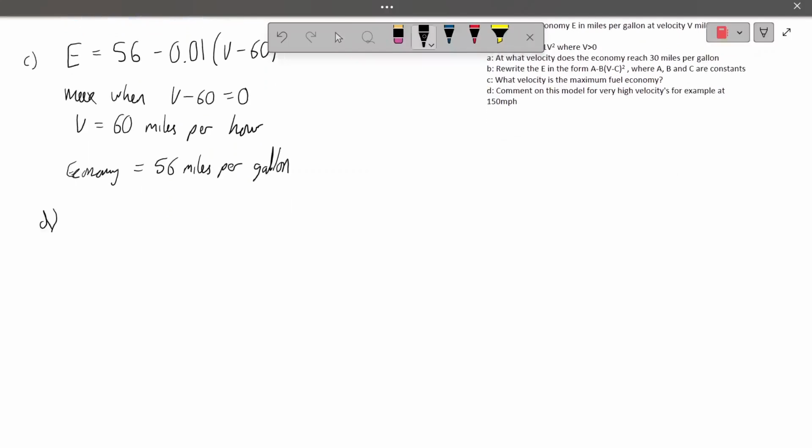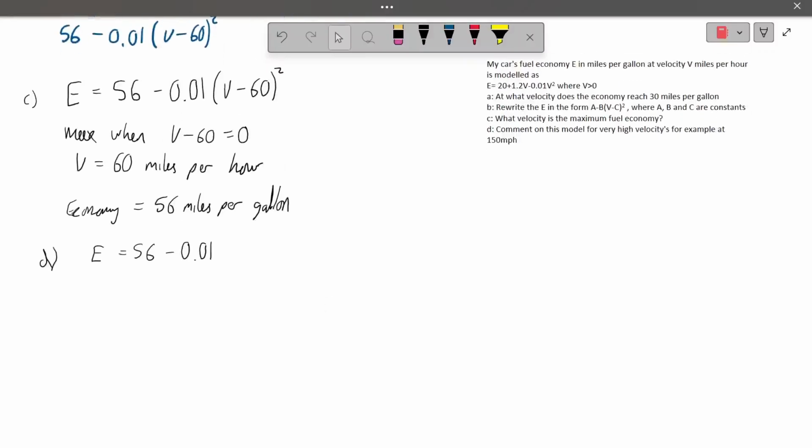Comment on this model for very high velocities, for example, at 150 miles per hour. Well, let's just plug in the value. E equals 56 minus 0.01 lots of 150 minus 60 squared. Well, E equals 56 minus 0.01 lots of 90 squared.